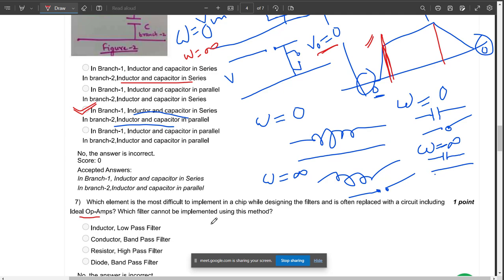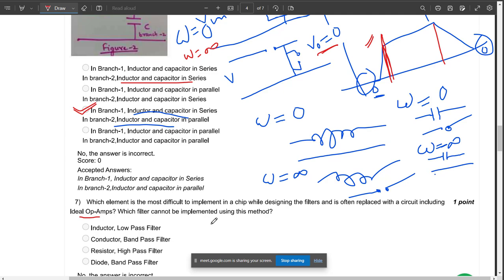But if we are trying to make an inductor, to include this kind of element in the chip, we use ideal op amps. We don't have ideal op amps, we have op amps having characteristics almost ideal.